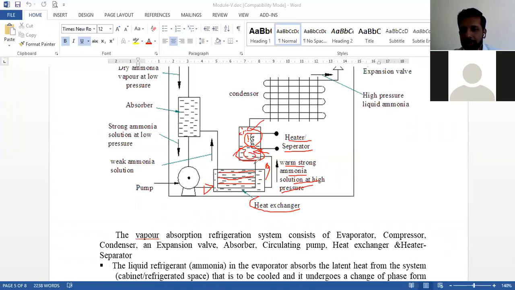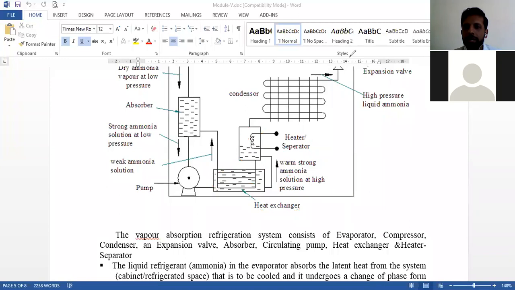That is going to flow down, majorly consisting of water, liquid diluted ammonia, right? Strong ammonia solution has more concentration or percentage of ammonia in it. So this diluted ammonia is going to flow back into the heat exchanger, but through these tubes that are present.